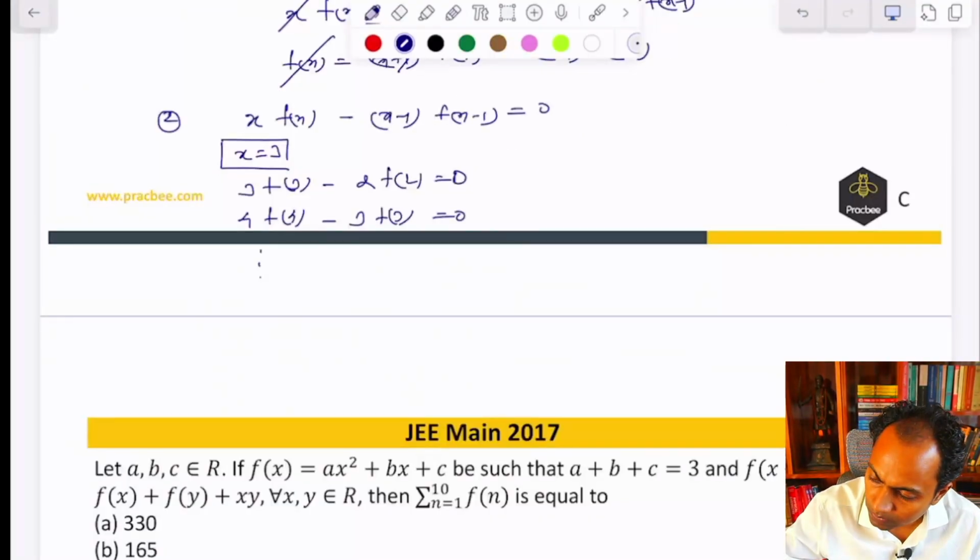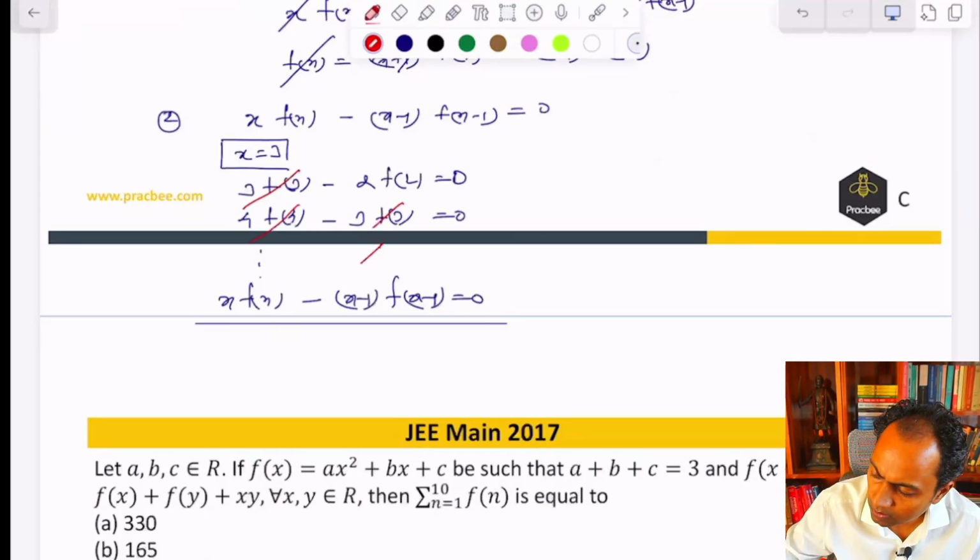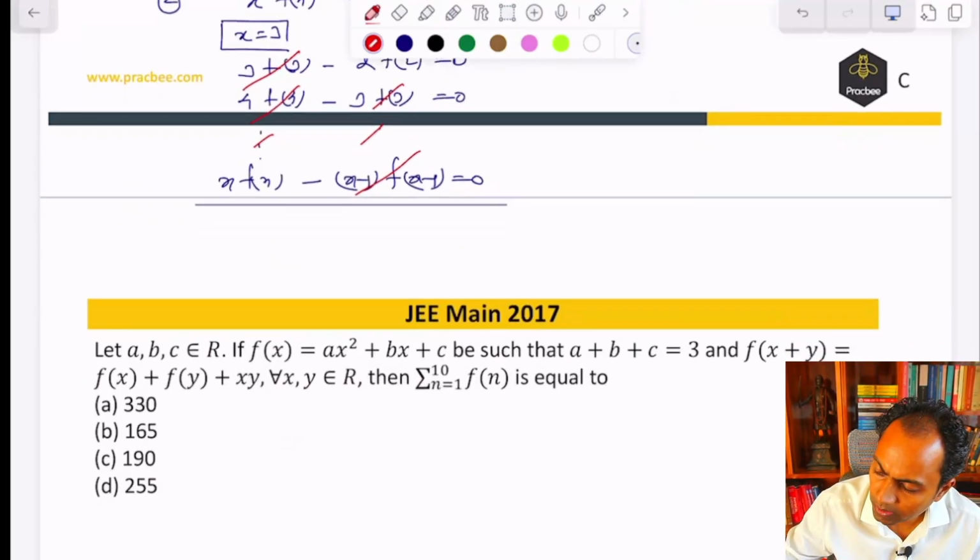So the value comes out to be x into f of x minus x minus 1 into f of x minus 1 is equal to 0. Now if I add all of these up, you can see that alternate terms will start cancelling out. And what I get here is the value of x into f of x, that would be 2 into f of 2 is equal to 0.